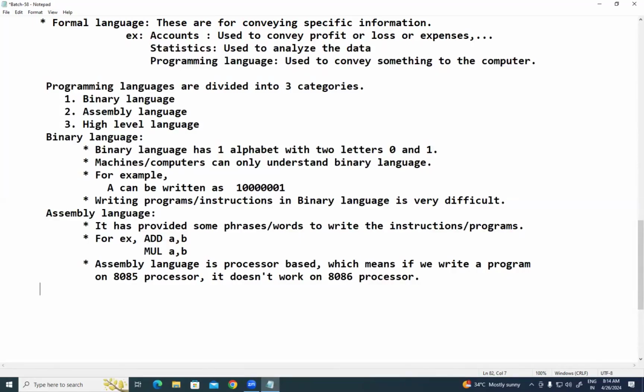Folks, are you getting my point? Suppose the WhatsApp application is written in assembly language based on the Snapdragon 600 processor. Then WhatsApp will only install on mobiles with the Snapdragon 600 processor. Am I right or not, folks? Yes.